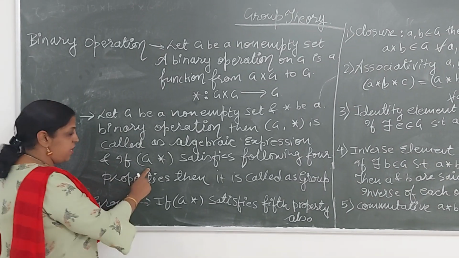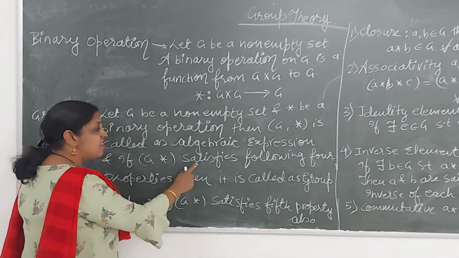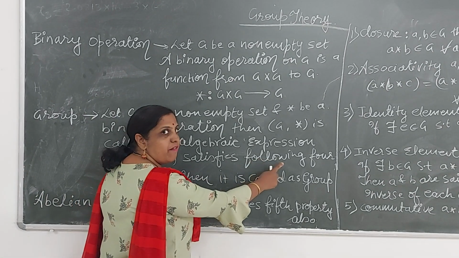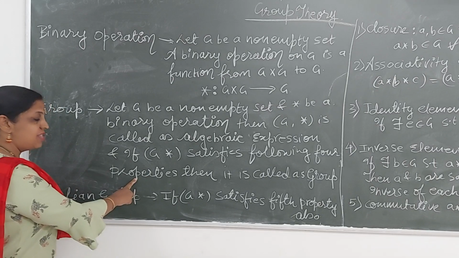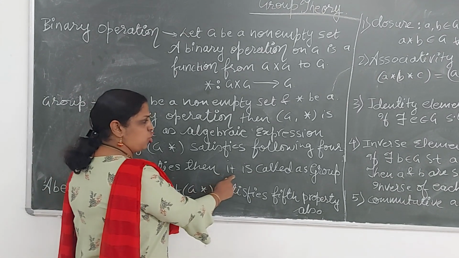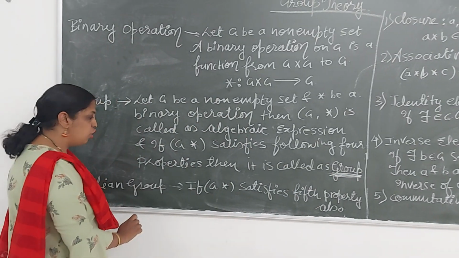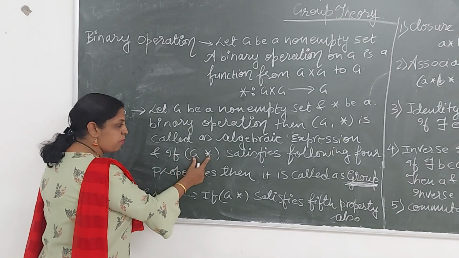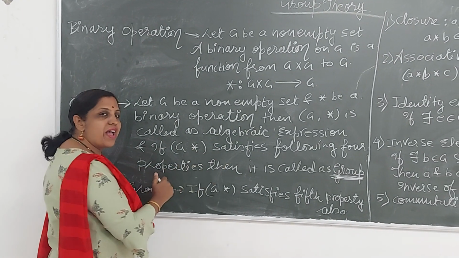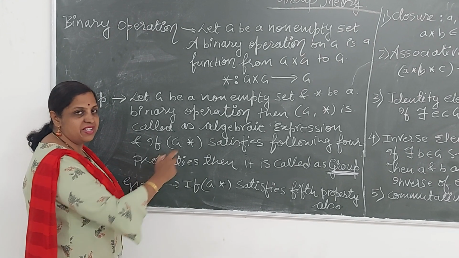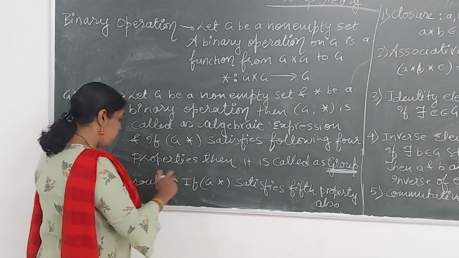If this combination G star satisfies the following four properties, then it is called a group. I am going to tell you these four properties right now.